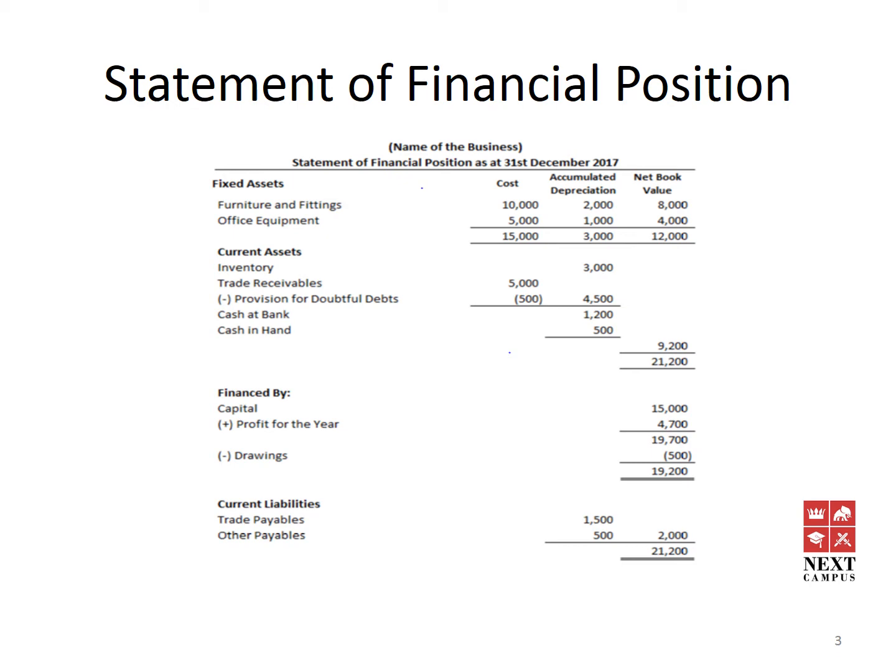Fixed assets, we will learn in the next slide, are assets that will be held for a long period of time, and current assets, what's the value and how it is being financed by capital and liabilities. That is being shown by the statement of financial position, whether it is being financed by equity, that is shareholders' capital, as well as from borrowed funds, that is loans and current liabilities.